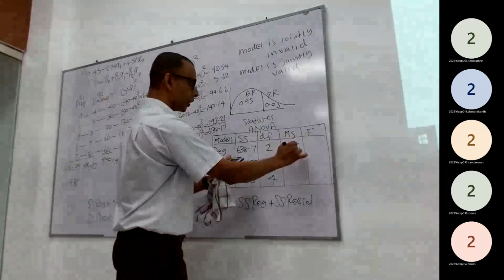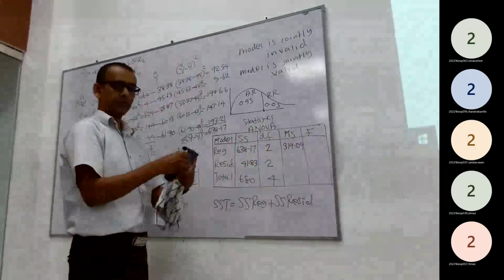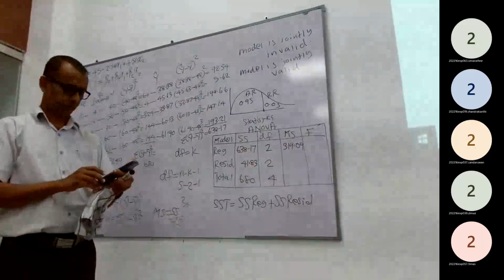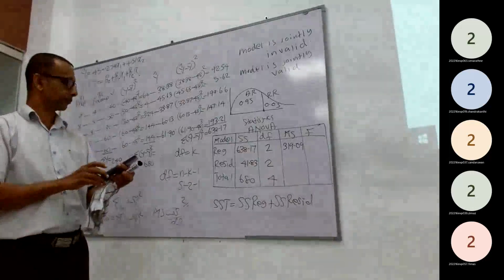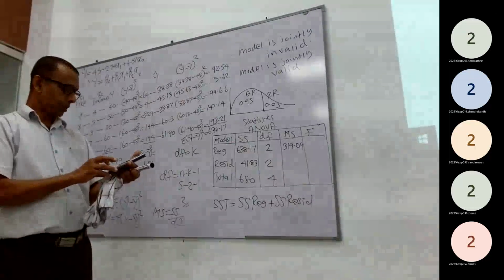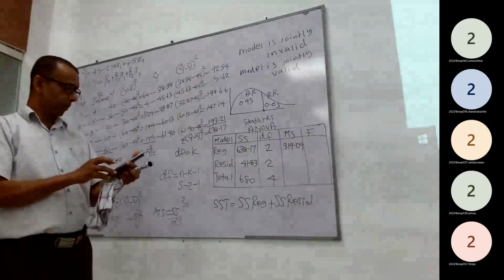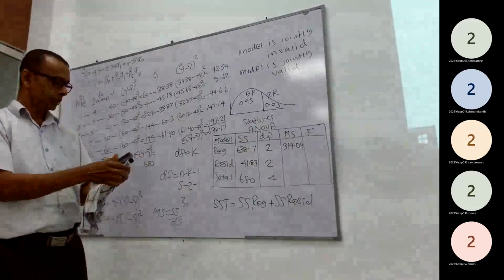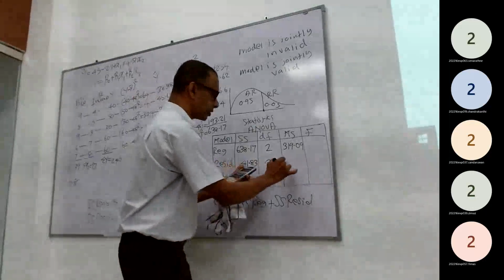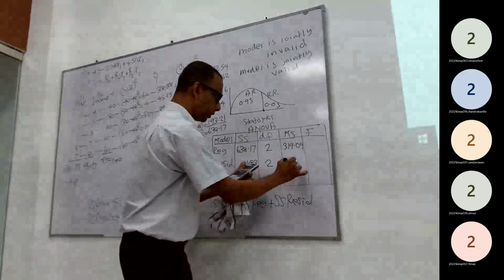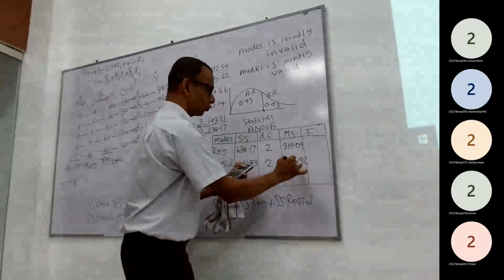I take 319.09 to 2 decimal points. Right, 41.83 divided by 2 is 20.915. Then I take 2 decimal points, 20.92.